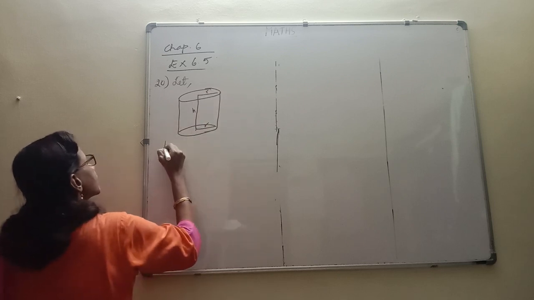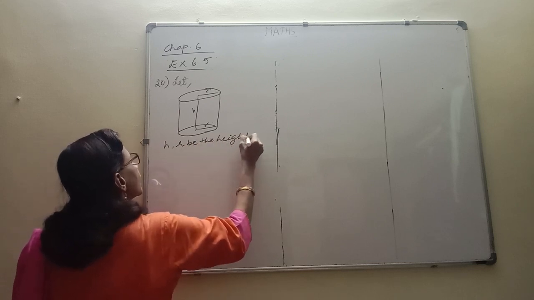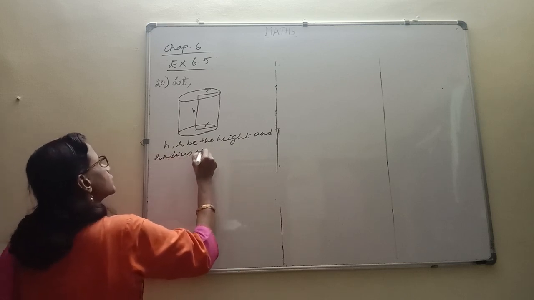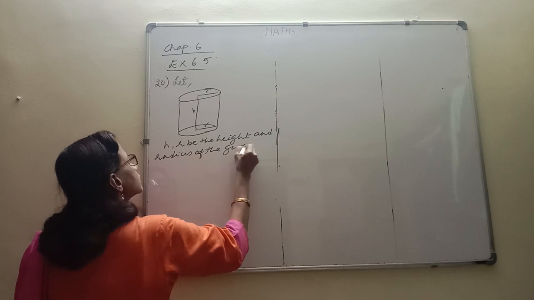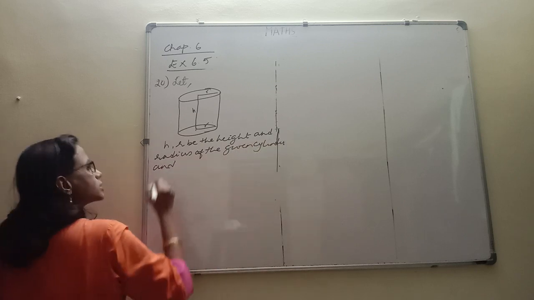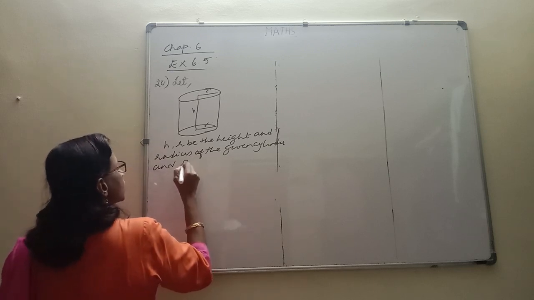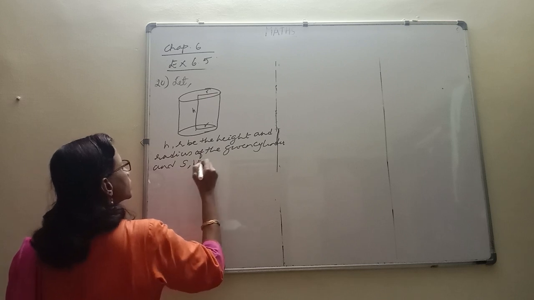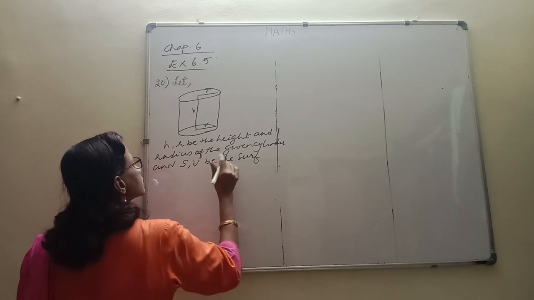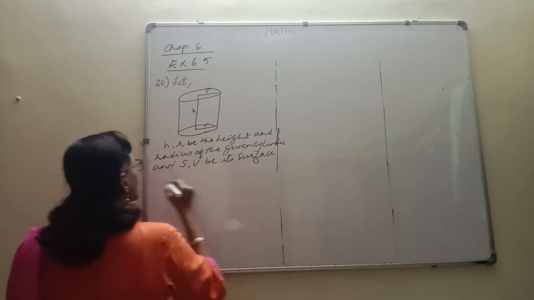So let h comma r be the height and radius of the given cylinder, and let S comma V be its surface area and volume.